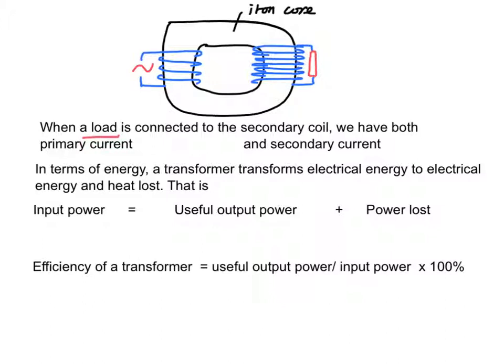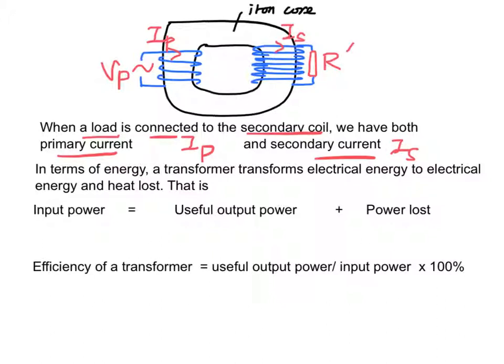When a load of resistance R is connected to the secondary coil, we have both primary current Ip and secondary current Is.